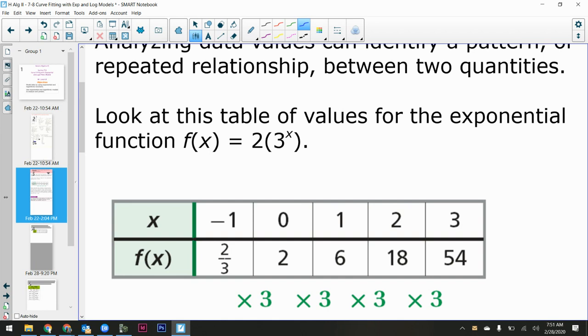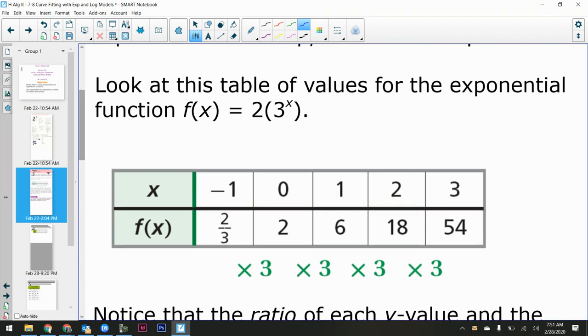This is 2 times 3 to the x. Where if I look at my y values, I am multiplying by 3 each time. That 2 has no bearing on what I'm multiplying by each time. That just affects my y-intercept, where I start. So I'm multiplying by a constant amount each time.